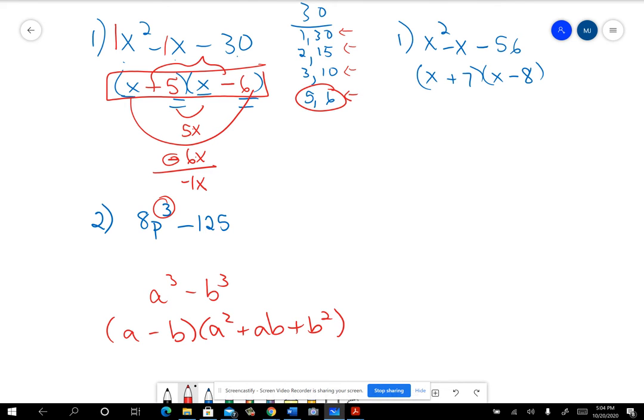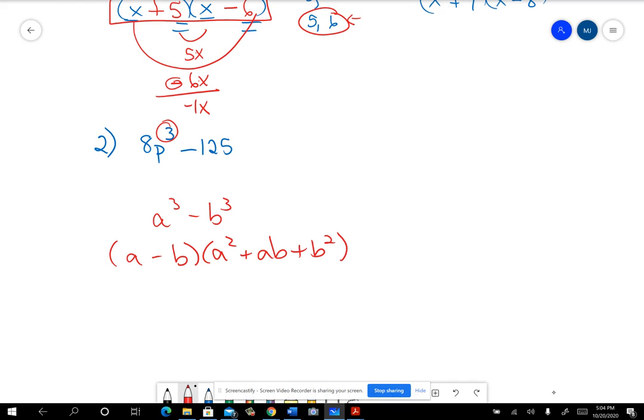Okay. And then I'm going to think about, well, what really got cubed to make 8p to the third? And what really got cubed to make 125? So 8 and 125 do not go into the formula. So 8p to the third would have come from taking 2p times itself 3 times.